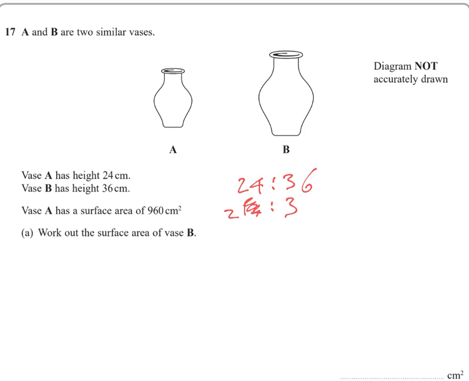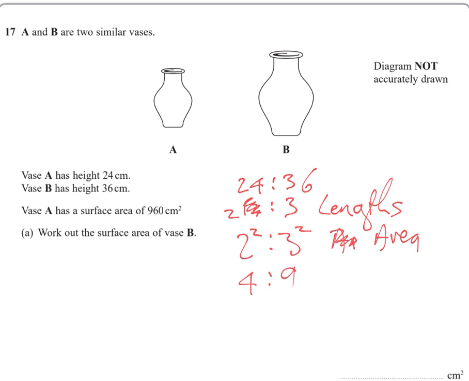Then the areas, so this is the lengths, so the areas must be in the ratio 2 squared to 3 squared. So this is in the ratio 4 to 9. And vase A has surface area 960.